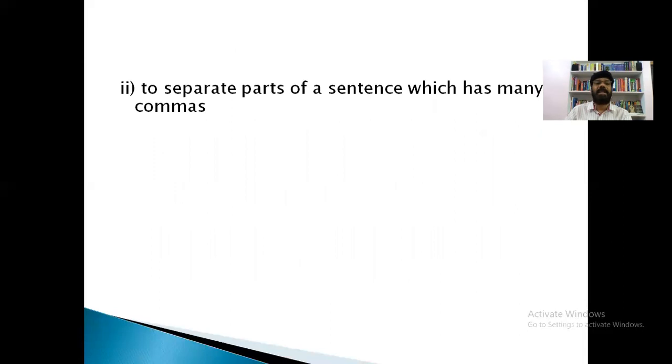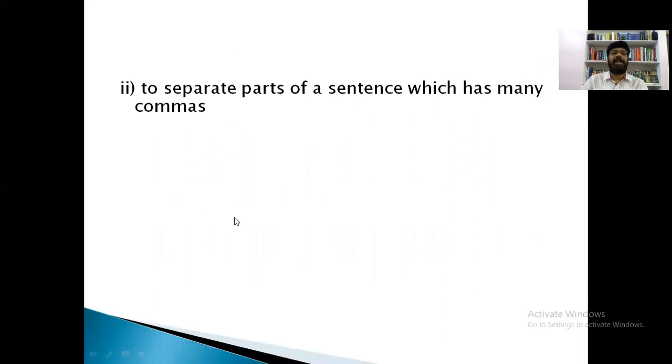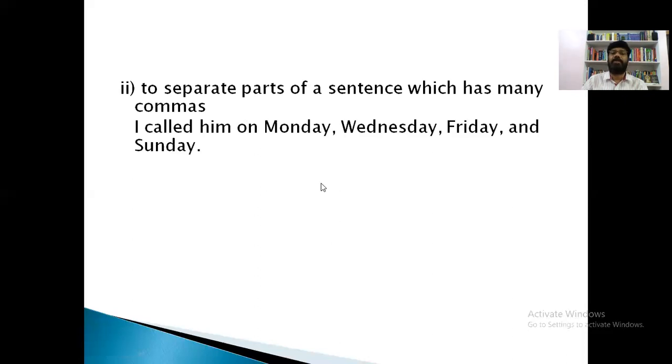Let us talk about the second use of a semicolon. What is the second use? To separate parts of a sentence which has many commas. You can understand with this example. I called him on Monday, Wednesday, Friday, and Saturday.